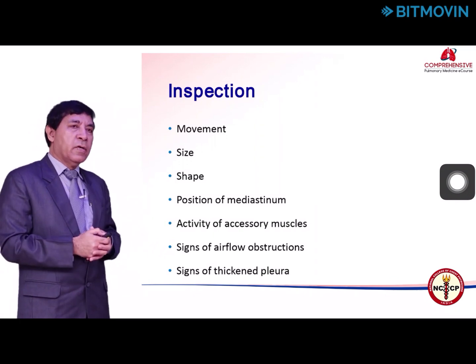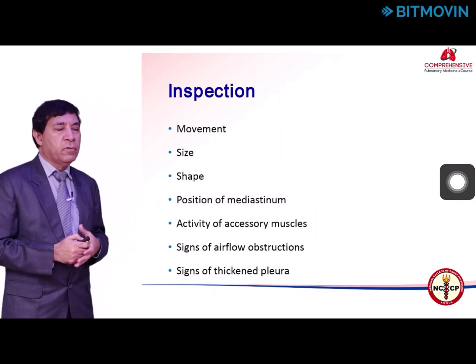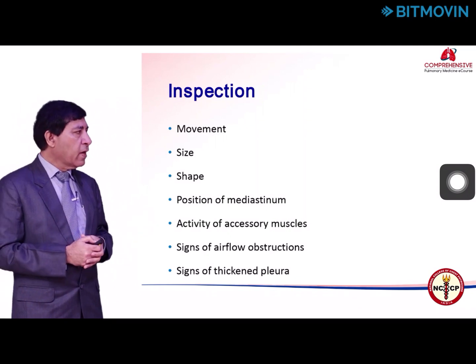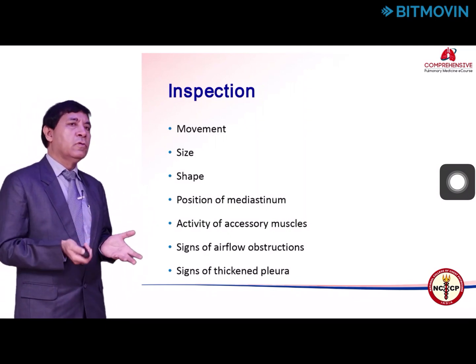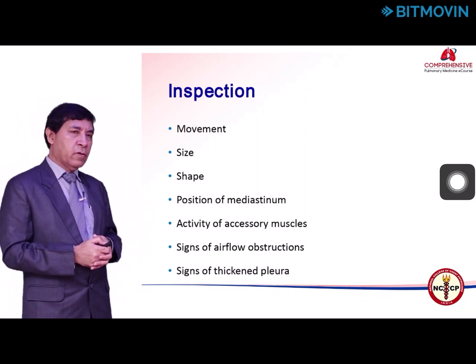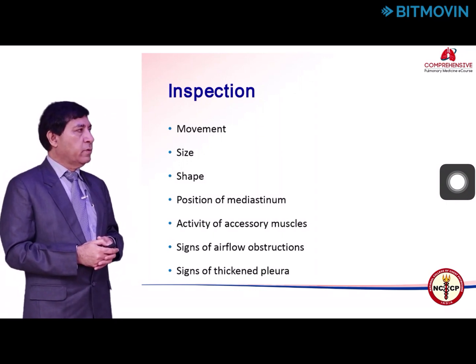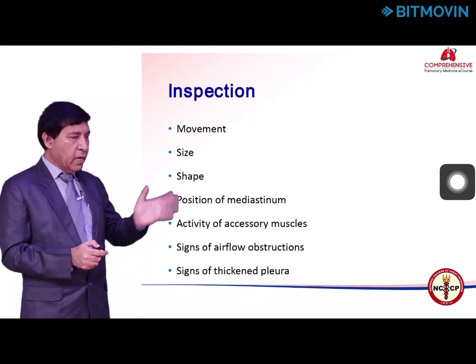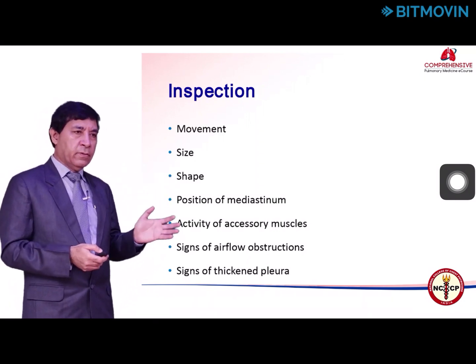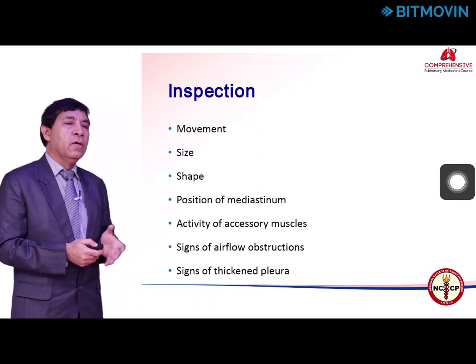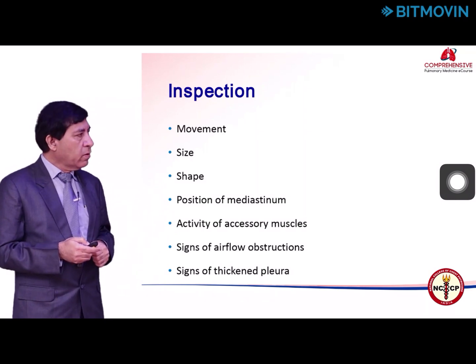Activity of the accessory muscles helps differentiate between airway and diffuse parenchymal diseases. You can also look for signs of airflow obstruction on inspection, and also signs of thickened pleura. So inspection has a set pattern of signs which needs to be examined in a systematic order.